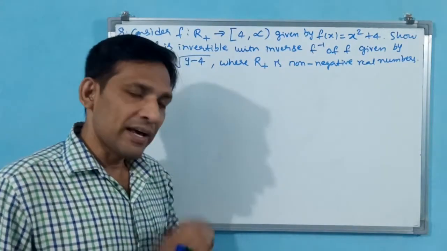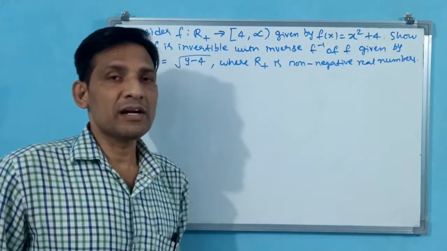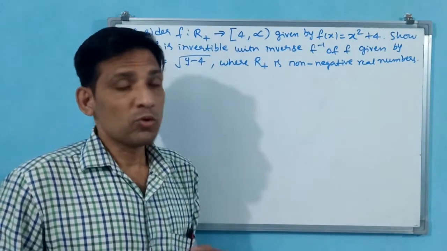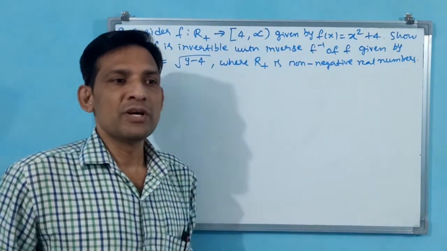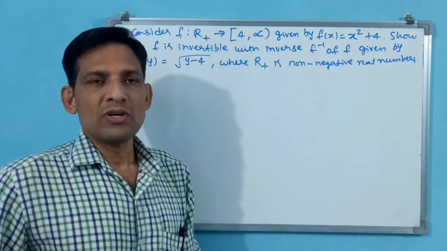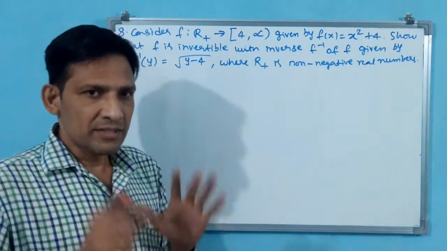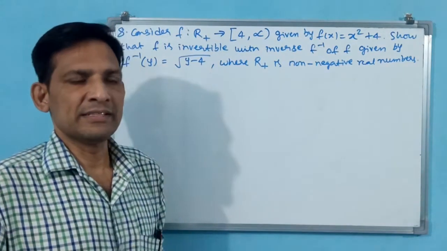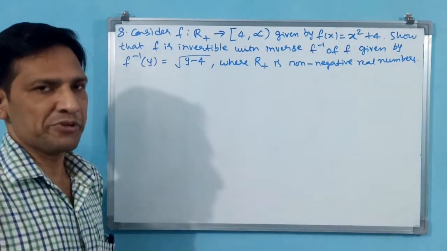Earlier, when x square comes, it will not be 1-1 or onto, and those functions are not going to give an inverse. When a function is not 1-1 or onto, it is not going to give an inverse. This is the basic funda we learned in the initial videos.